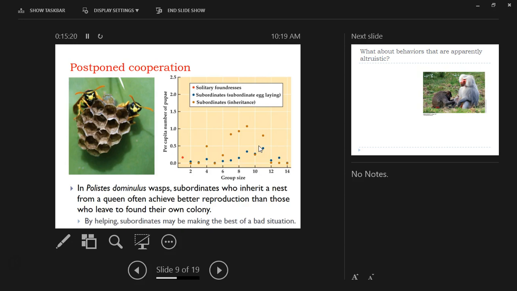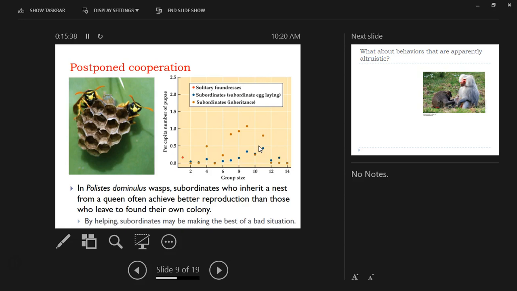However, these subordinates, if they stick around for long enough, what eventually often happens is that the dominant female will die or otherwise disappear, and they will inherit the nest. And if they inherit the nest, their reproductive success goes up dramatically.